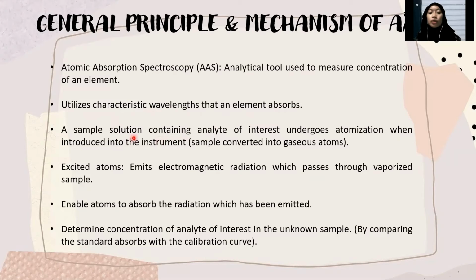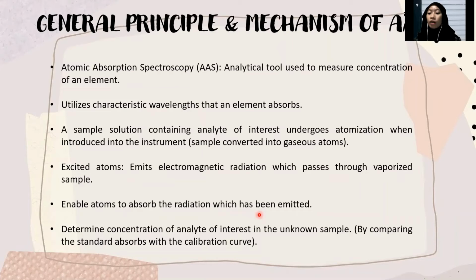As a sample solution containing the analyte of interest is introduced into the instrument, it undergoes atomization, wherein the sample is converted into gaseous atoms. Some of the atoms are excited and will emit electromagnetic radiation, which passes through the vaporized sample, and this in turn enables the atoms to absorb the radiation which has been emitted.